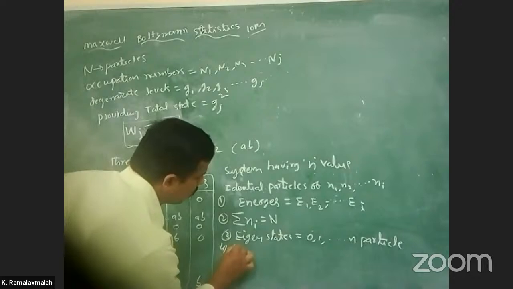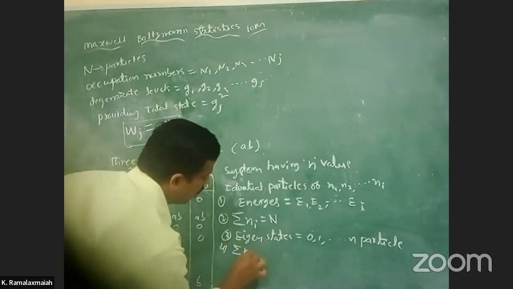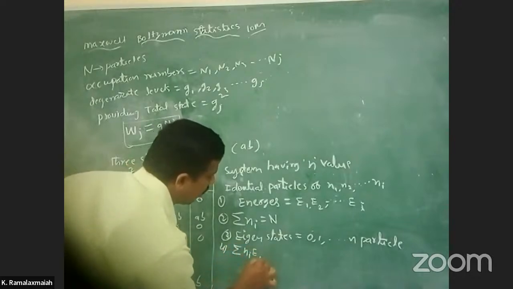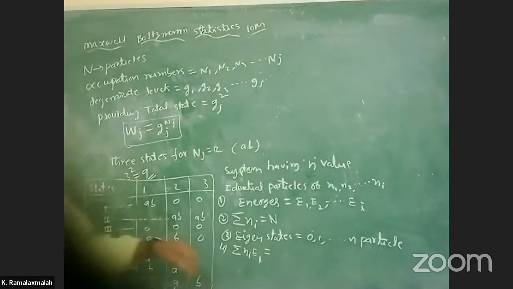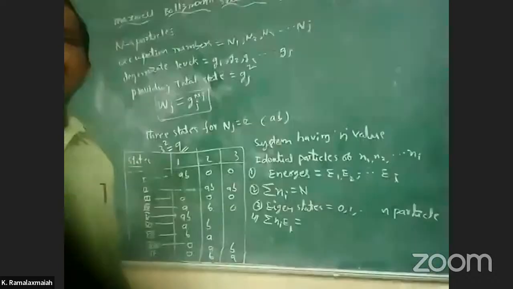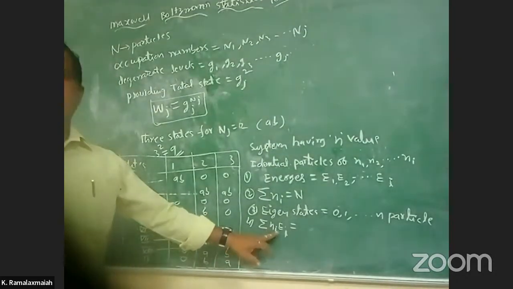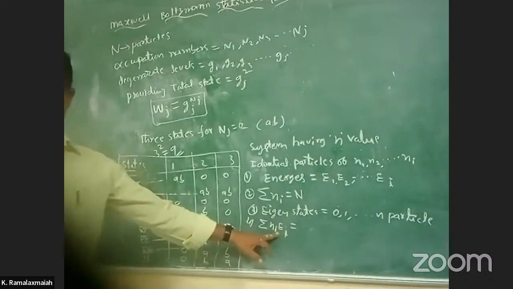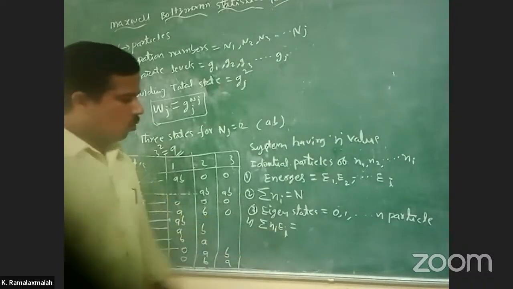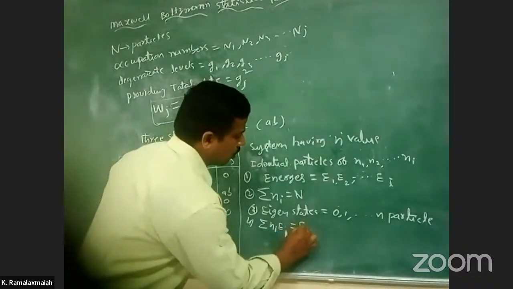Okay. So the fourth one is summation ni Ei is equal to, summation ni Ei is equal to g.